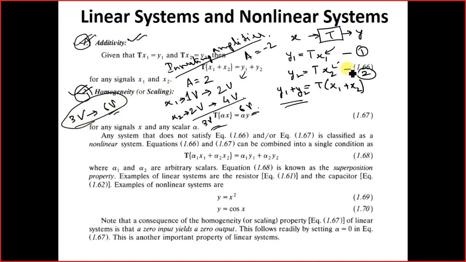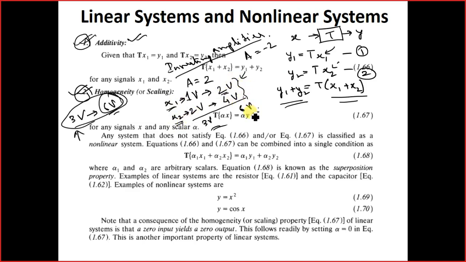So when we give an input of x1 plus x2, which is basically 3 volt, it should give the same output as the sum of the outputs in the previous two instances. For x1 we got 2 volt, for the second instance x2 we got 4 volt.